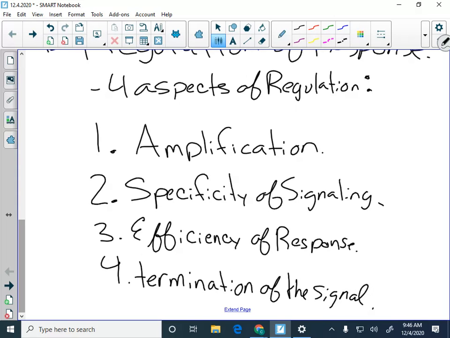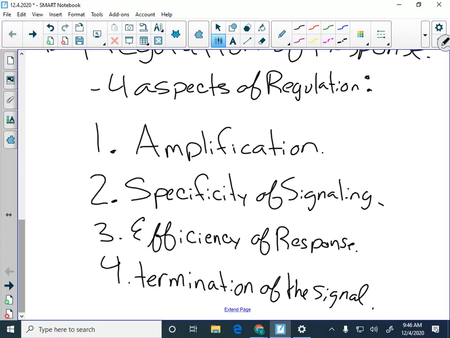Once something gets turned on, how do we turn it back off? If we've got signaling molecules loose in the body, how do we tell the cell that, okay, you don't need to be having a certain response anymore? So that's the goal of the day. We're going to just work through them one by one.